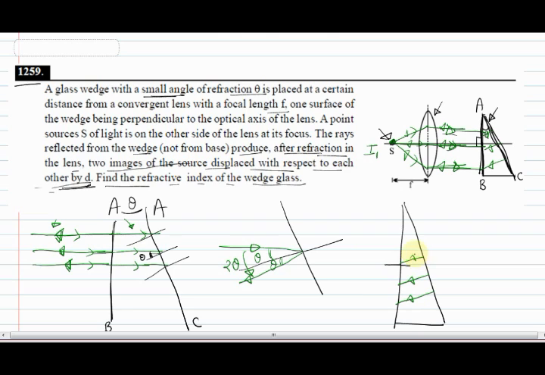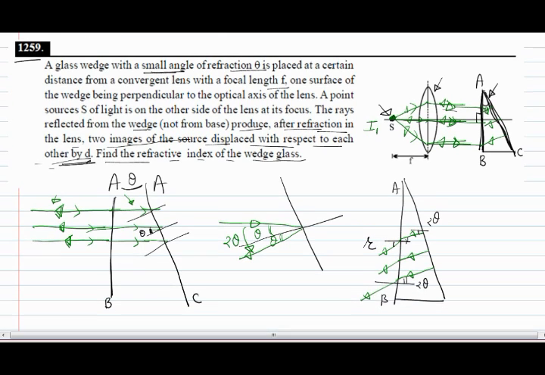So their angle with the normal of the first surface AB will also be 2 theta. And when they are refracted, because they are going from a denser medium towards a rarer medium, their angle with the normal will change. It will be slightly bigger. We can find this angle using Snell's law.